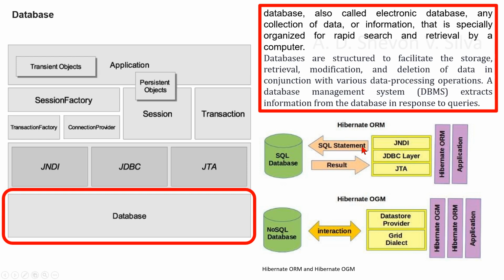SQL statements are passed to the SQL database, and results come from the SQL database. Here you can see Hibernate OGM, application, Hibernate ORM, Hibernate OGM, data store provider, grid dialect, and these are interacting with the NoSQL database.